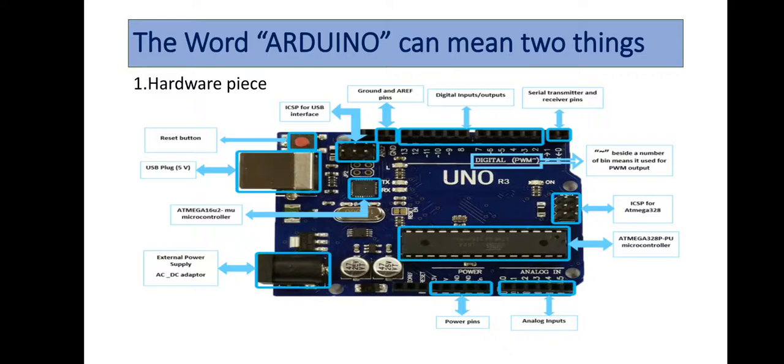In the hardware part, you can make the connections, and attach multiple components to the input output pins. You can attach multiple sensors, you can attach multiple actuators. It can be a motor, light, anything you want. So this is the hardware part where you will make physical connections.